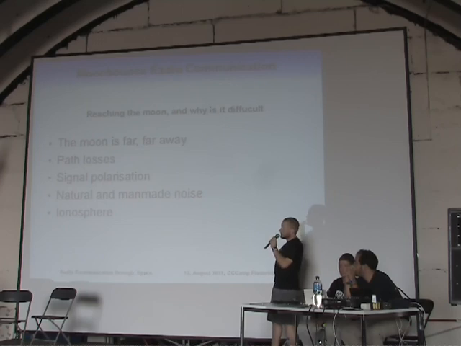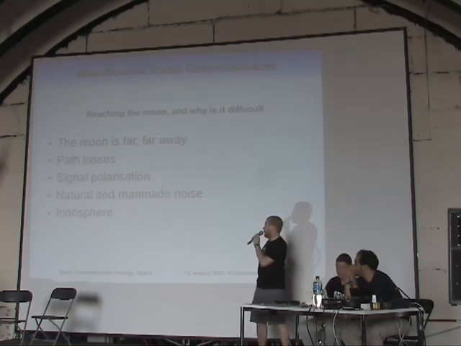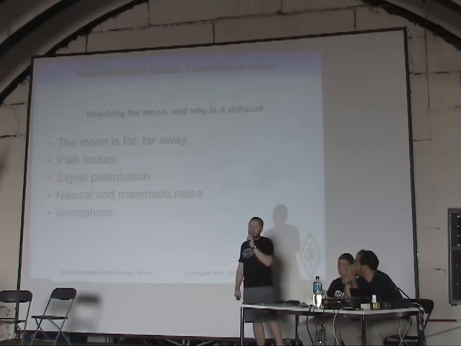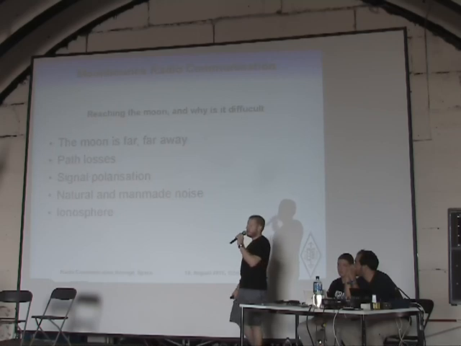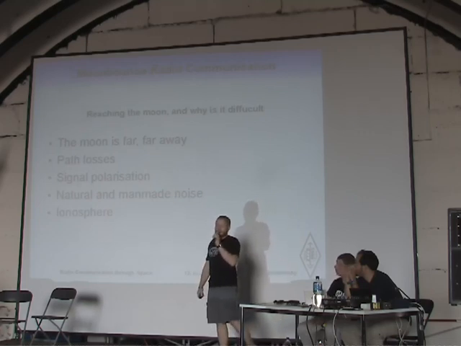Then there are different obstacles for communication with the moon. The signal you transmit is polarized, so you have a linear polarization, or might have a circular polarization. Usually it travels through the ionosphere, through the interplanetary space and back again, and it will get bent and it will get rotated.